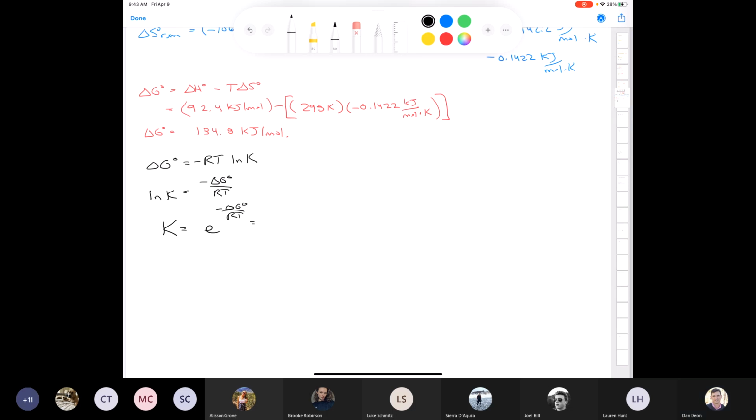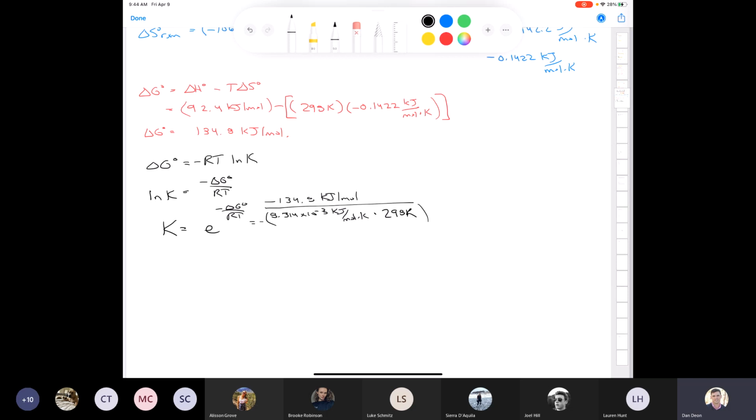We have negative 134.8 kilojoules per mole divided by R, which is 8.314 times 10 to the negative 3 kilojoules per mole Kelvin, right? We have to put the negative 3. It's not 8.314 joules per mole Kelvin. We want to convert it into kilojoules because I have kilojoules up here, multiplied by my temperature, which is 298 Kelvin.